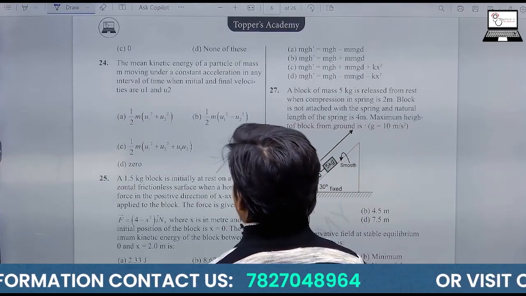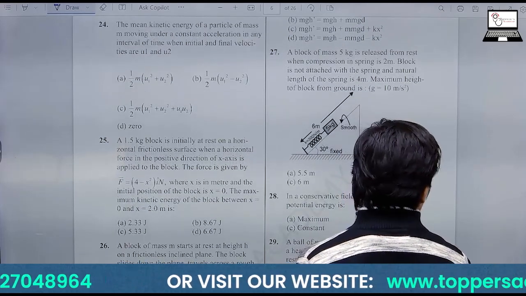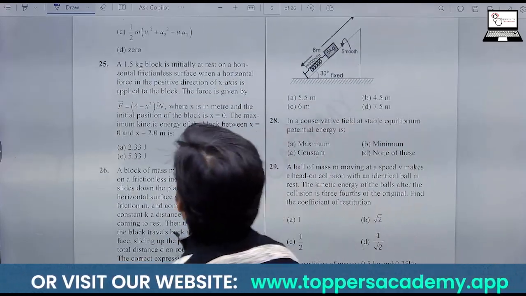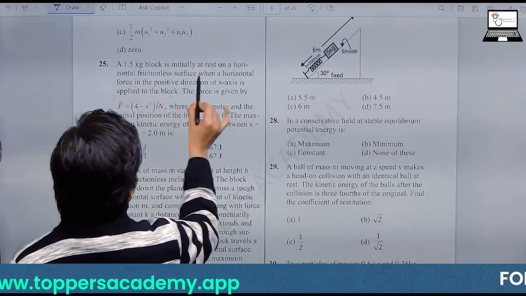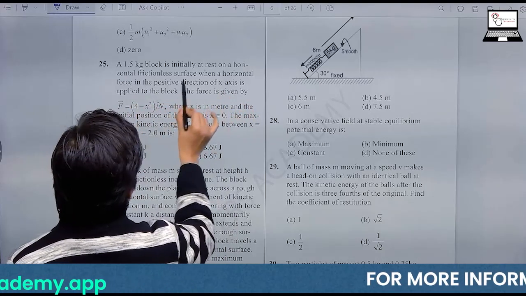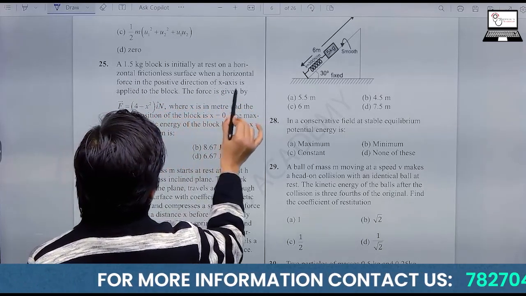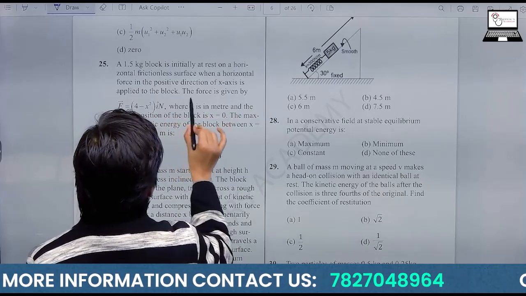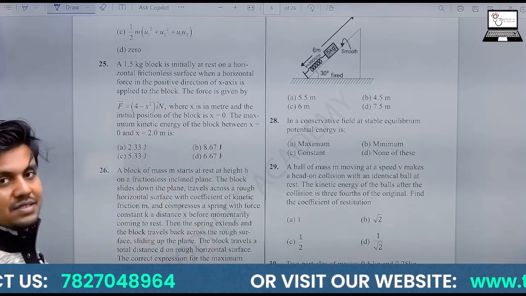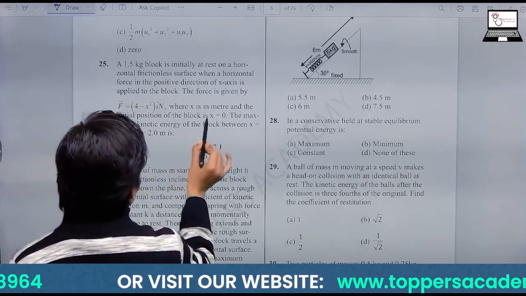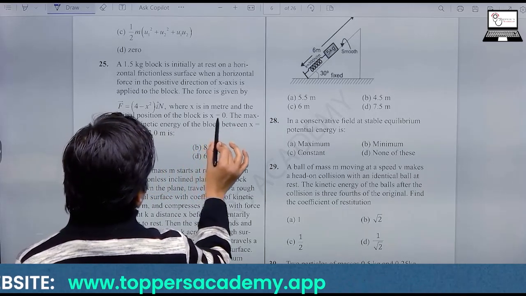Now come to problem number 25. A 1.5 kilogram block is initially at rest on a horizontal frictionless surface. When a horizontal force in the positive direction of x-axis is applied to the block, the force is given by 4 minus x square i cap Newton, where x is in meter and the initial position of the block is x equal to 0.